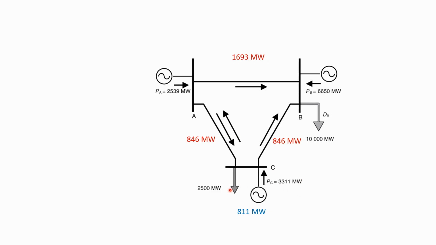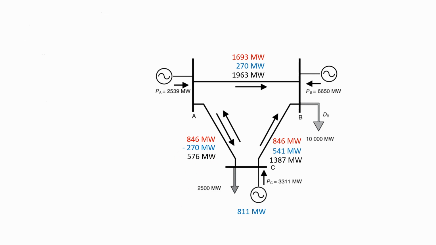This is the production, this is a consumption, so there's an excess amount of power that should be exported to node B. And we know that 2/3 of it will be directly exported and 1/3 will go through node A. When we look at the total capacity need in this example, we can see that the total utilization of this line is 1963 megawatts, and this line is this amount, and this line is this amount.